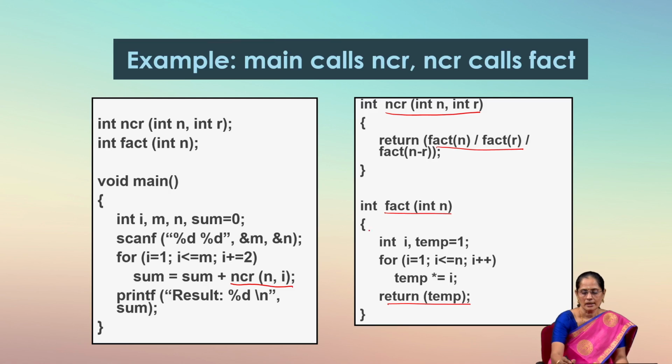The return type is mentioned to be int here. Whatever value is returned is substituted over here, and it again calls fact of r, fact of n minus r. Every time it computes the factorial value and returns it to NCR.